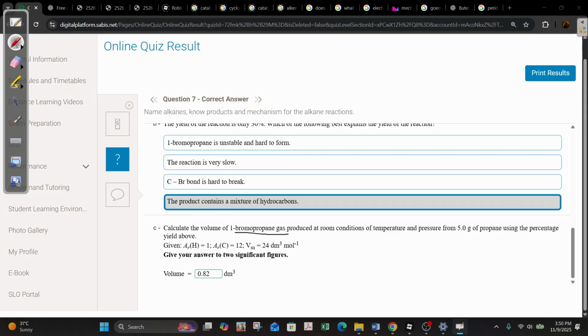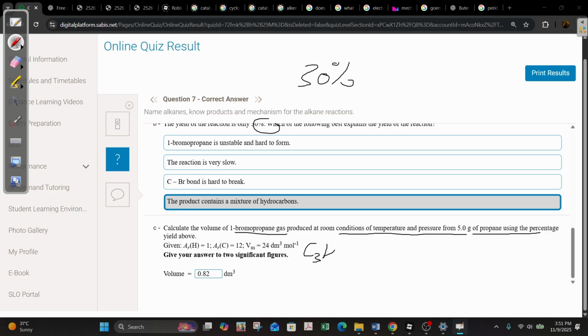Calculate the volume of 1-bromopropane gas produced at room conditions from 5 grams of propane, using the percentage yield above. So only 30% is produced from the reaction. What I would do first is write the reaction.